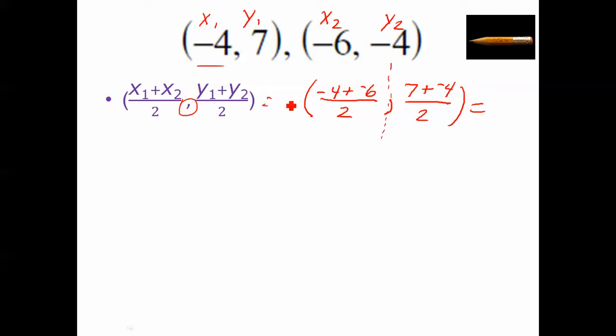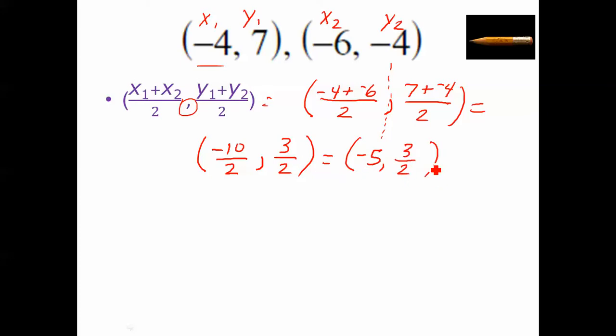We're going to do 1/2 at a time. So -4 plus -6 is -10 divided by 2, comma, 7 plus -4 is 3 over 2. So -10 over 2 reduces to -5, and the 3 over 2 just stays as 3 over 2. So that is our midpoint, -5, 3 over 2.